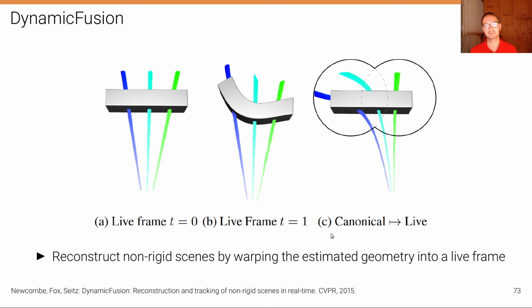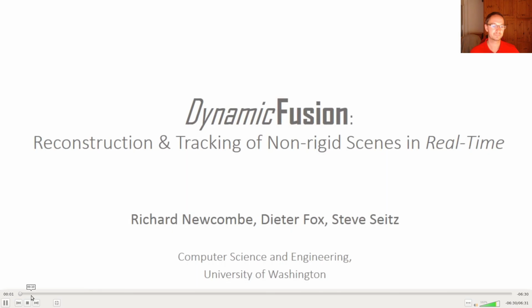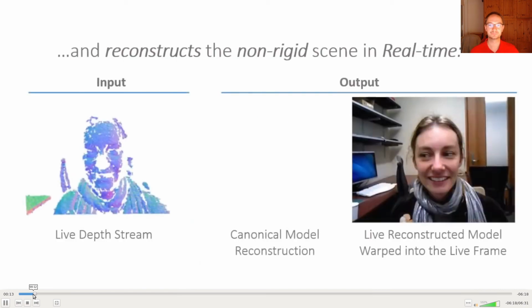And now this approach is able to reconstruct non-rigid scenes by warping the estimated geometry using a warp field that's also estimated on the fly into the live frame to update the representation after warping and to obtain a rigid and consistent representation.